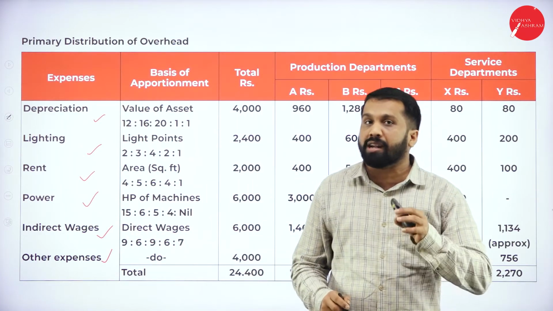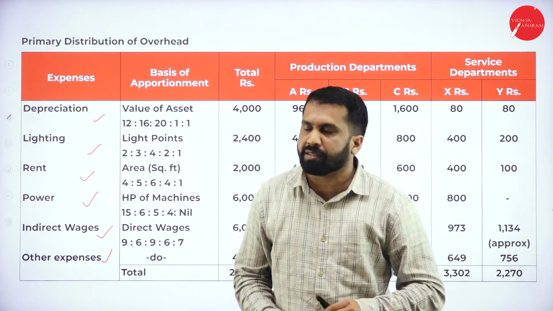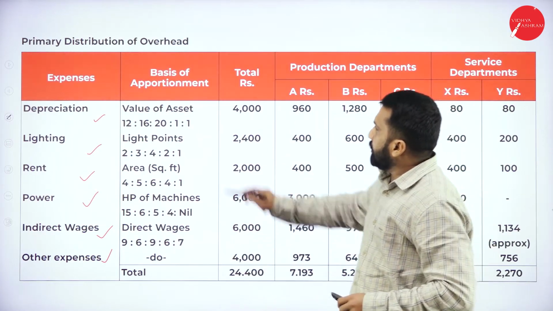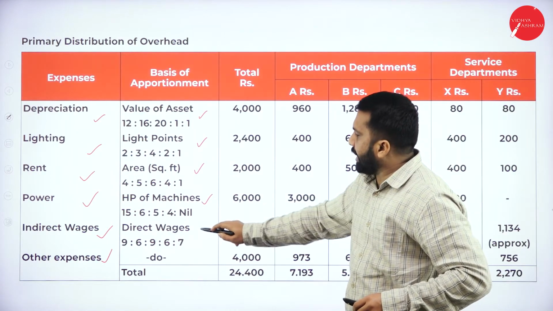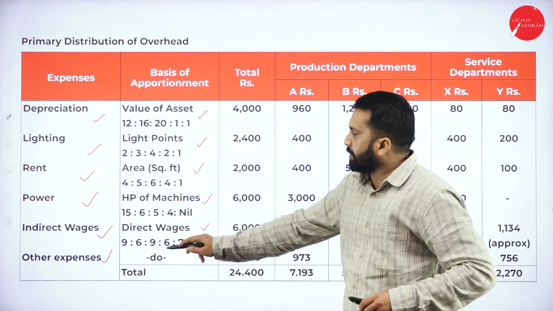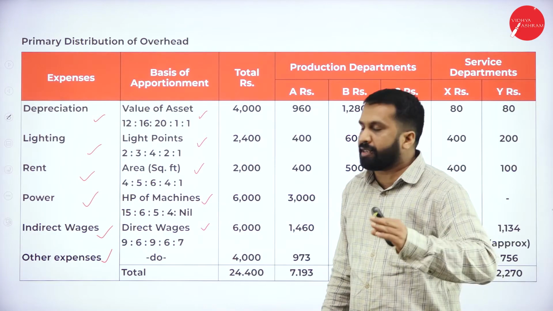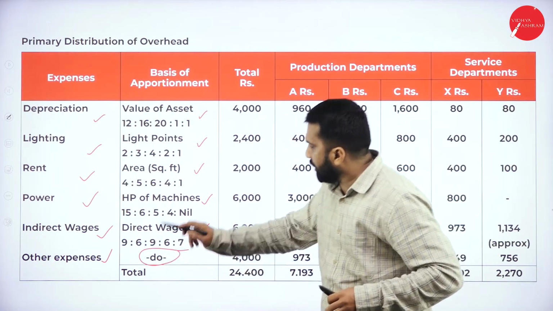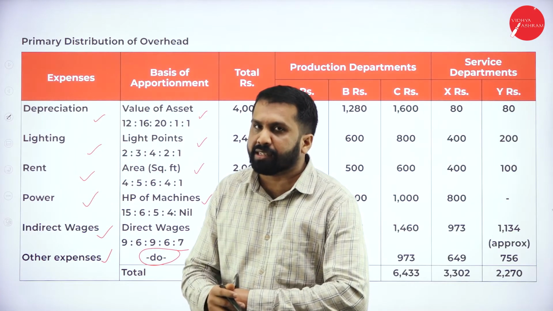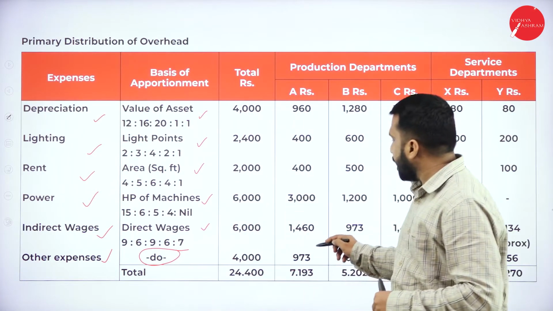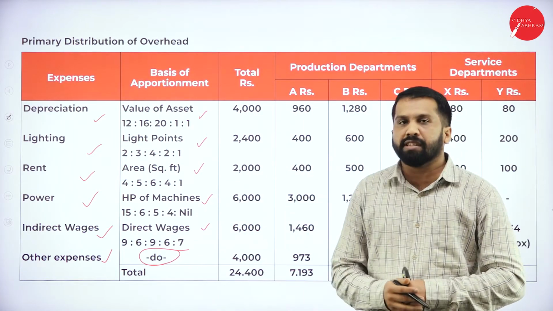These are called your expenses. Now in this, value of the asset, light point, area, HP, direct wages, and if nothing is given, we are supposed to take direct wages only. Because we don't have any information for other expenses, we take it as direct wages percentage only.